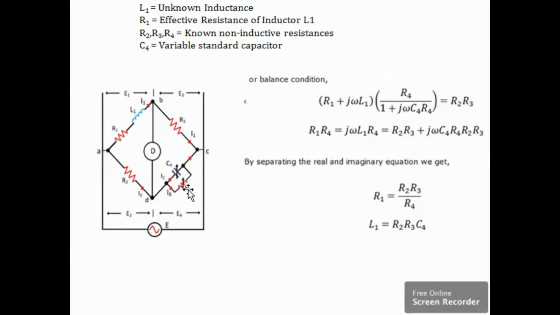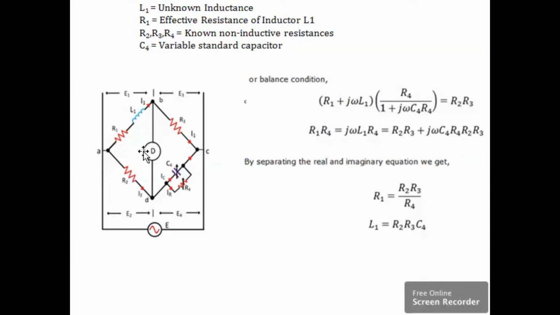So when we are connecting this resistance and capacitance combination in parallel, then the expression for impedance will be R divided by 1 plus j omega CR. So here we have R4 and C4. So it is R4 divided by 1 plus j omega C4 R4.